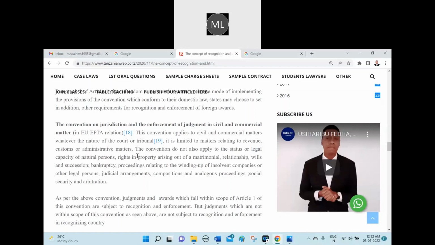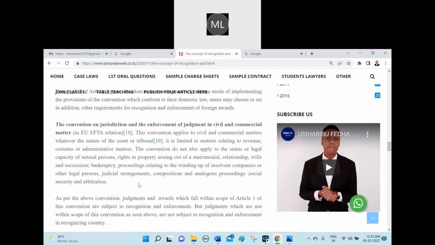The convention does not also apply to the status or legal capacity of natural persons, rights in property arising out of a matrimonial relationship, wills and succession, bankruptcy, proceedings relating to the winding up of insolvent companies or other legal persons, judicial arrangements, compositions and analogous proceedings, social security and arbitration.